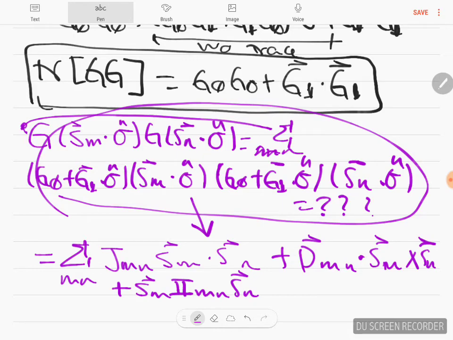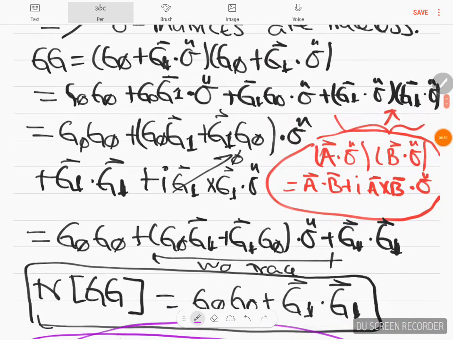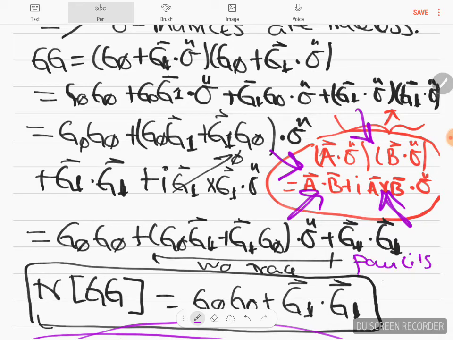We do so using a similar procedure to the one we just used upstairs, taking into very good account this property, which I don't even know the name of. I don't even know if in the video I recorded I called it Pauli's identity.